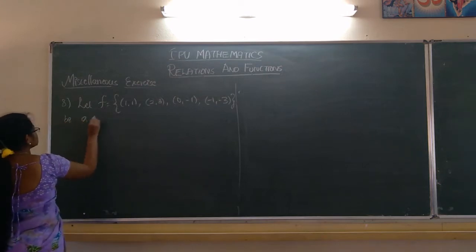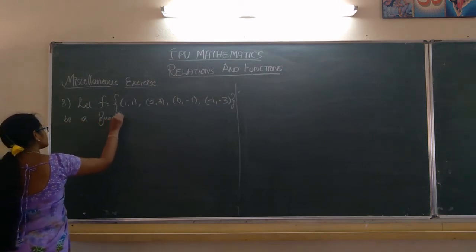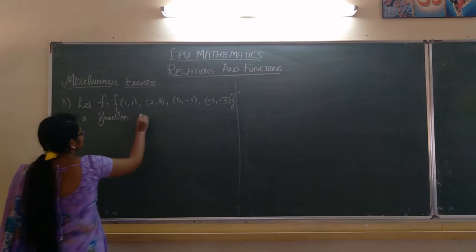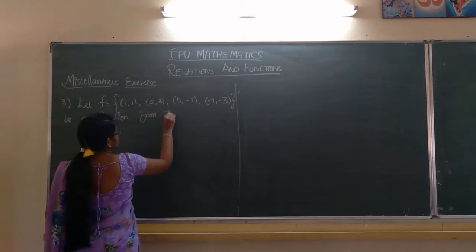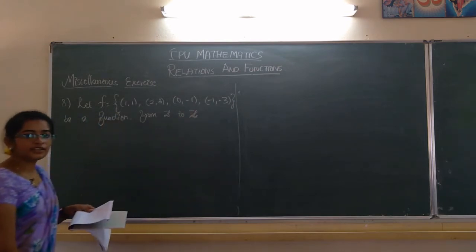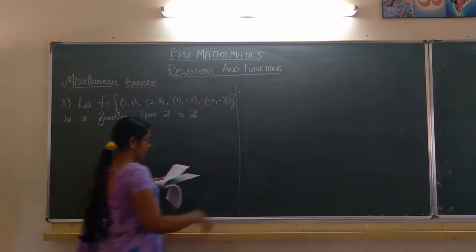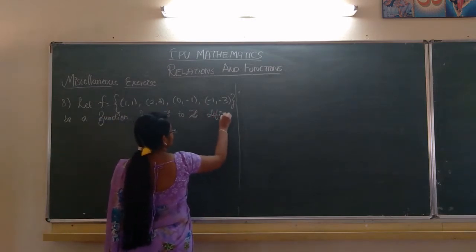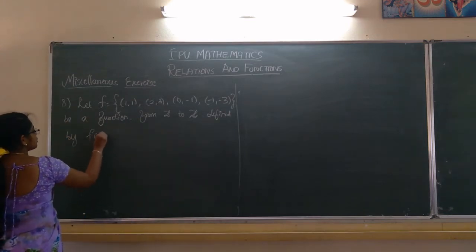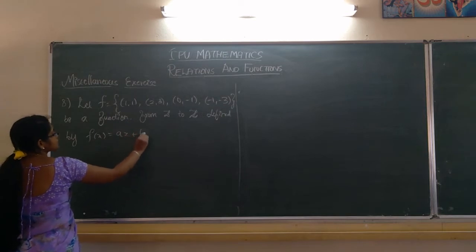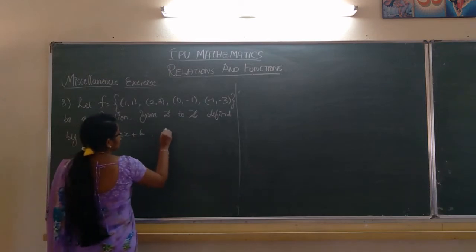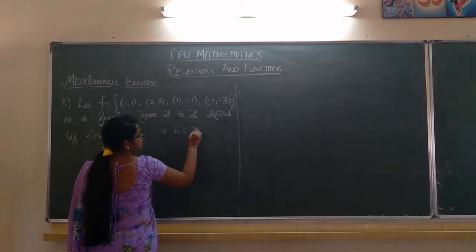Let f be a function from Z to Z, that is, from the set of all integers to the set of all integers, defined by f of x is equal to ax plus b, where a and b belong to the set of all integers.